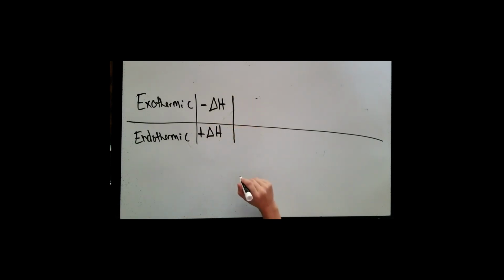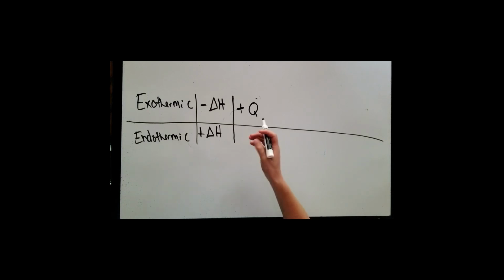Now, if you're calculating heat energy, and by heat energy, I'm talking about those Q values, that calories, where you're given the mass, you're given the specific heat, and you're given the change in temperature. Okay? For these values, the Q values, if the Q value is positive, so if the change in temperature is positive, that means that the object is heating up.